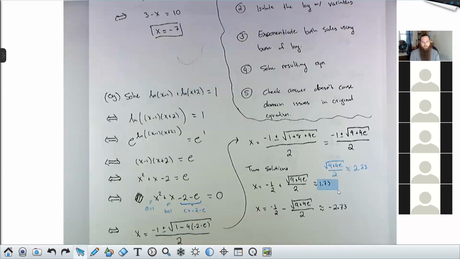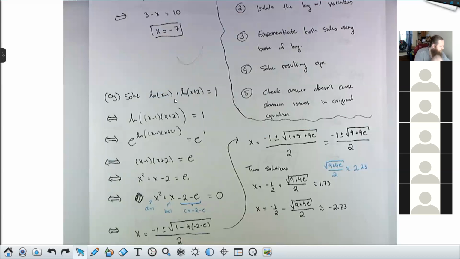So 1.73 is fine in both of these, right? This would be the ln of 0.73. This would be the ln of 3.73. Those are both fine because those are both positive numbers. But if you plug -2.73 in to this guy, you get the ln of -0.73, which is undefined. And here you get the ln of -3.73.